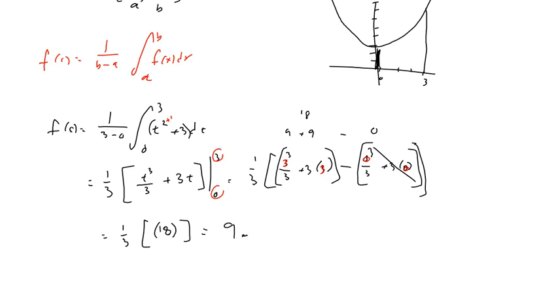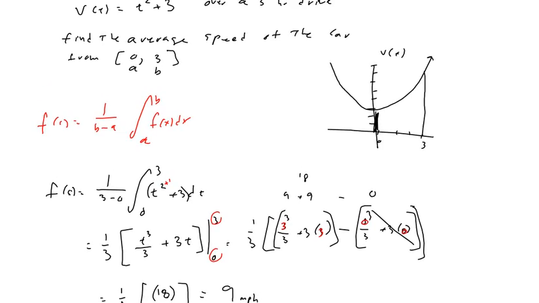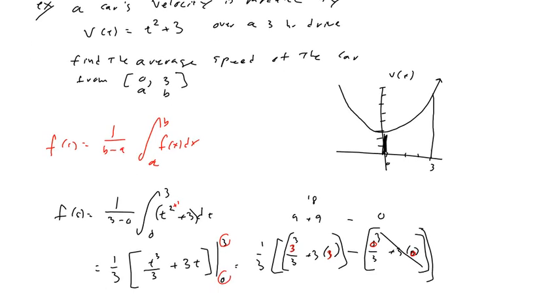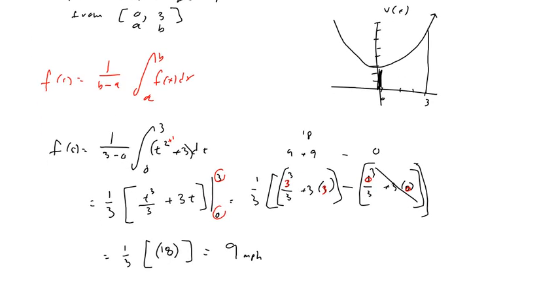9 miles per hour, whatever the average speed, whatever we're talking about here. Velocity in miles per hour. So my average speed from here to here, the average speed of this graph, is 9 miles an hour. Here's my average, smack in the middle of the graph, whatever is the middle. It's not quite exactly halfway, right?